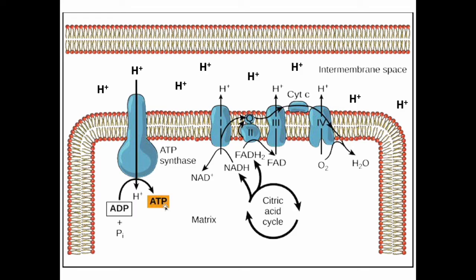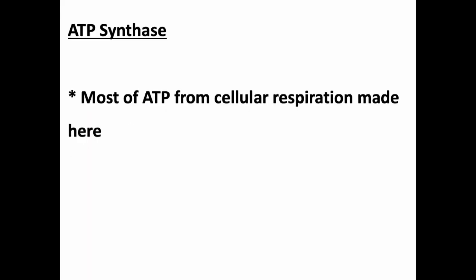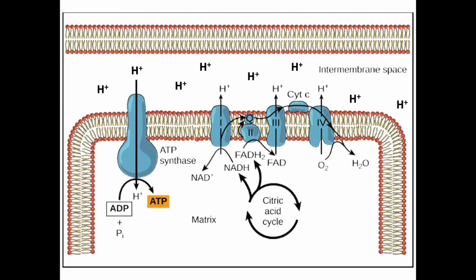And that means anything that shuts this down is going to be devastating. I think in the last chapter we were talking about enzyme inhibitors. Arsenic and cyanide are both enzyme inhibitors that shut down these things.